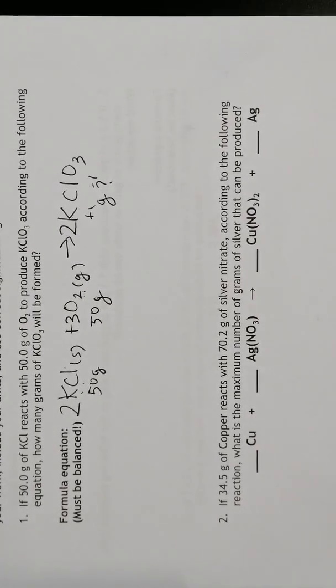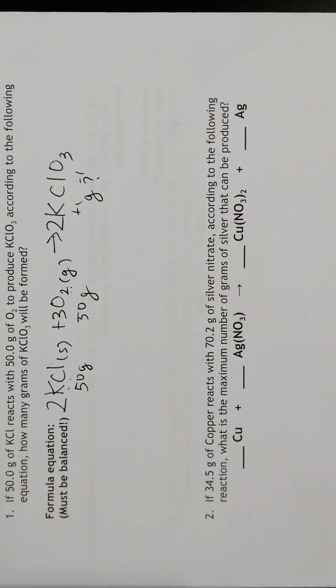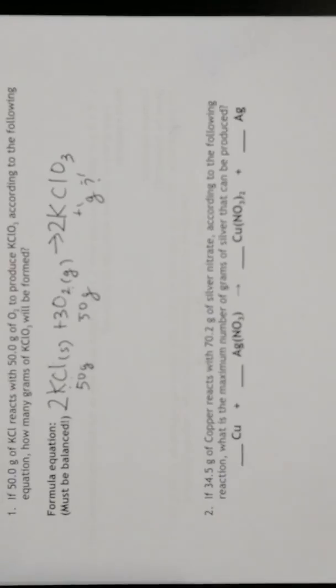Sometimes we can get confused by this and just say, well, the one with the smallest number has got to be the one that's limiting. Don't fall for that trick because that's not always the case.